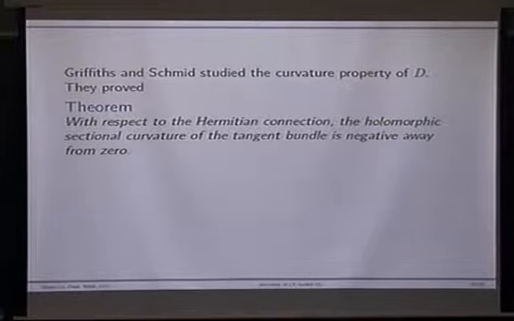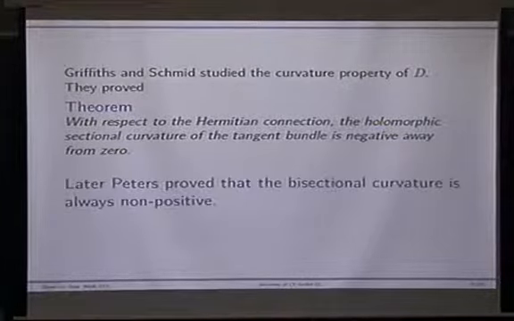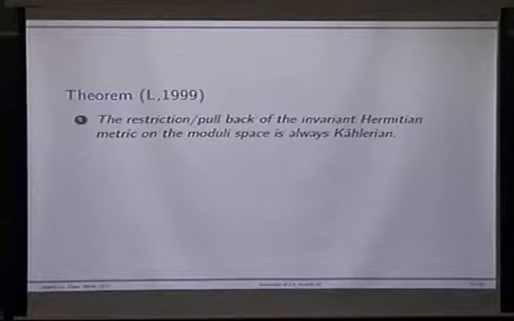That was their result in 1969. Later, Peters was able to prove that the bisectional curvature is always non-positive. For a Hermitian bundle, we can still define what bisectional curvature is, and that's what he observed.